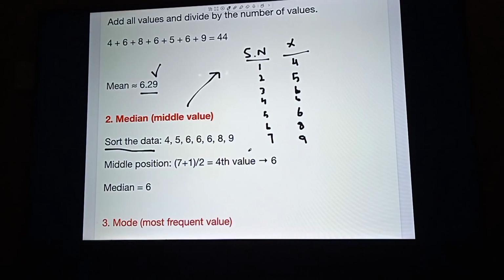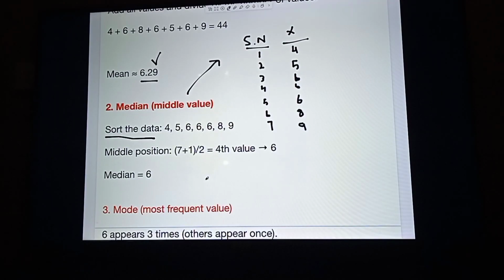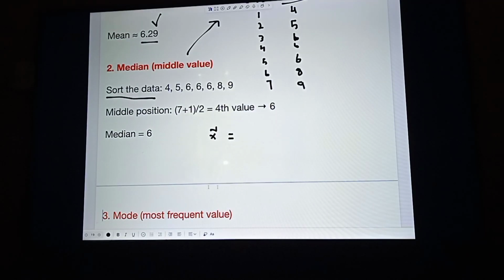As the number of observations is odd, use the formula: sample median is equal to the size of (n plus 1) divided by 2, so (7 plus 1) divided by 2.